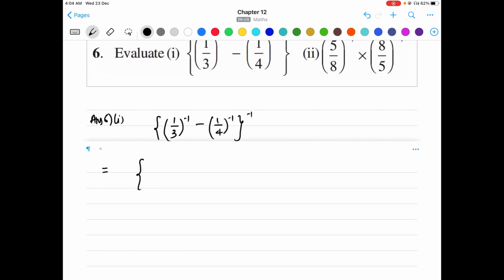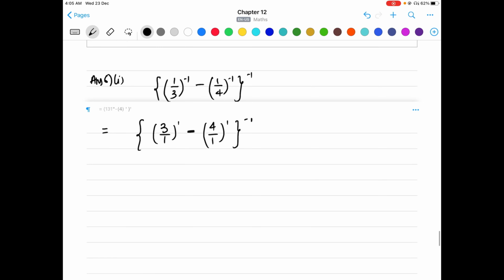Okay, so 1 by 3 power minus 1 means we can reciprocate this number, it will be 3 by 1, and this negative power will change to positive. Similarly, this 1 by 4 power minus 1 can be written as 4 by 1. Now this power changes to a positive number. Okay, negative 1 will change to positive 1.